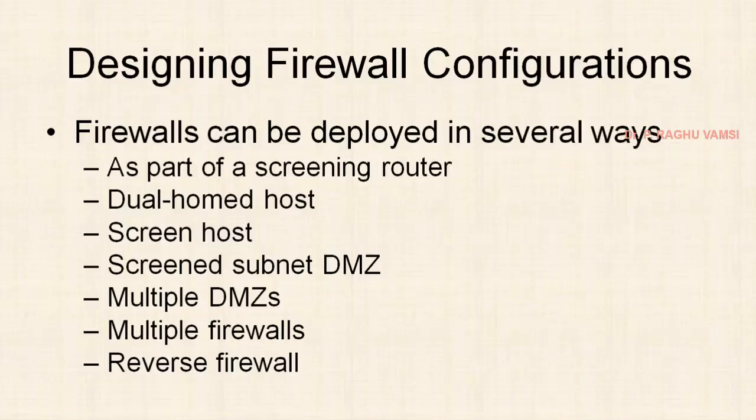One is as part of the screening router, we can place it, or a dual homed host, like that also we can place, screened host, and screened subnet DMZ, multiple DMZs, multiple firewalls, reverse firewall. So these are the categories in which the firewalls can be deployed. In this lecture, I will be explaining one by one where the firewall settings can be placed.